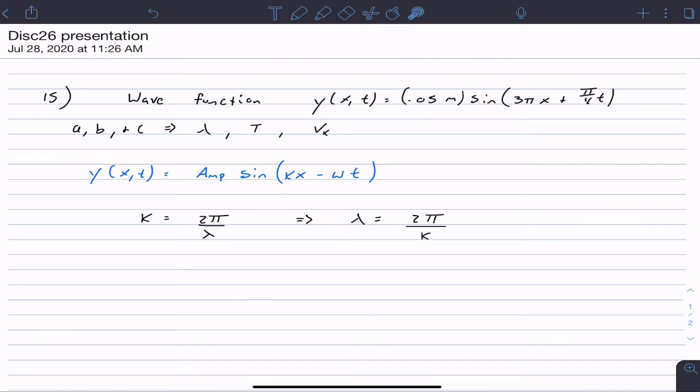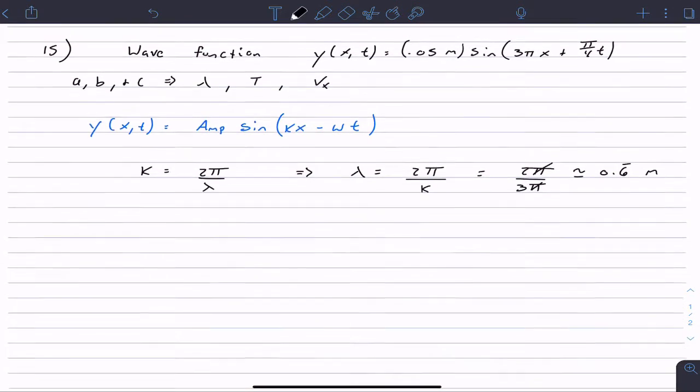Well, what is k in our problem? Remember, whatever coefficient we have times the position is going to be your k. So in this situation, here's x, 3 pi. K is 3 pi. So that means that we have 2 pi over 3 pi. That cancels. We get 0.6 meters, because it's a wavelength. So that's lambda.